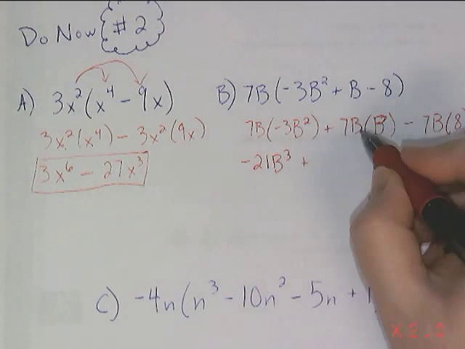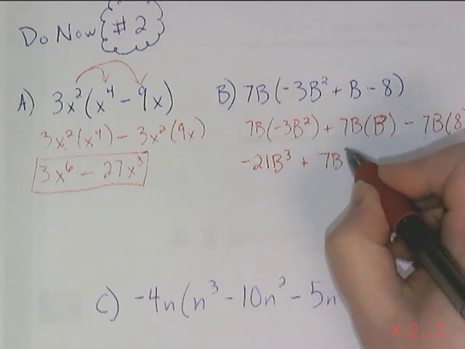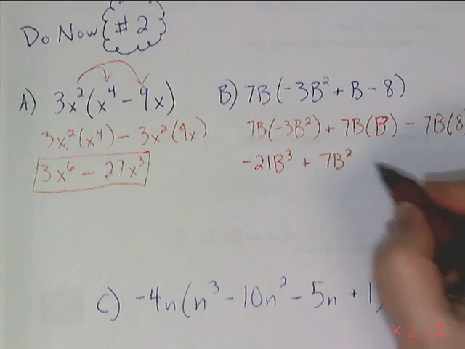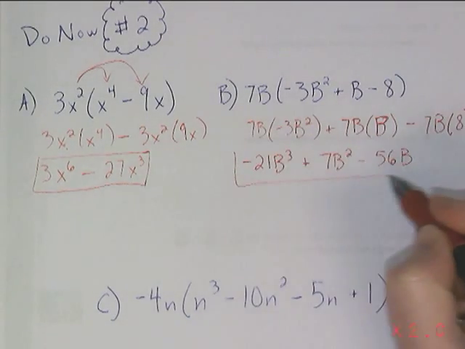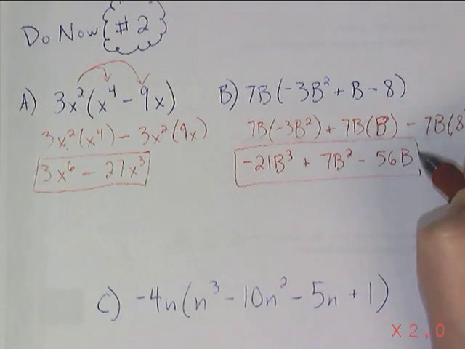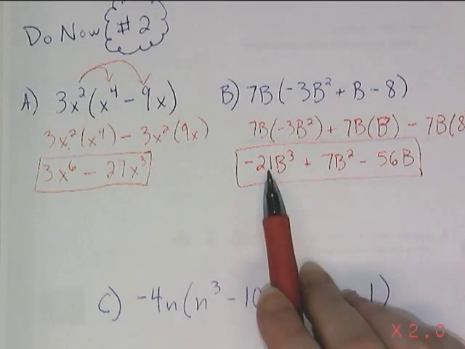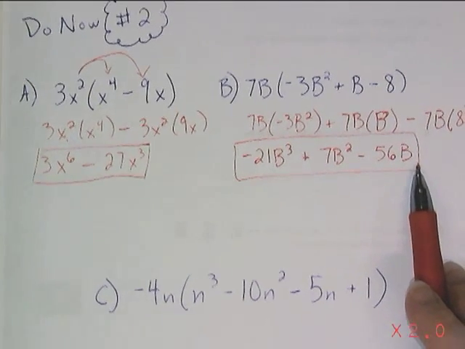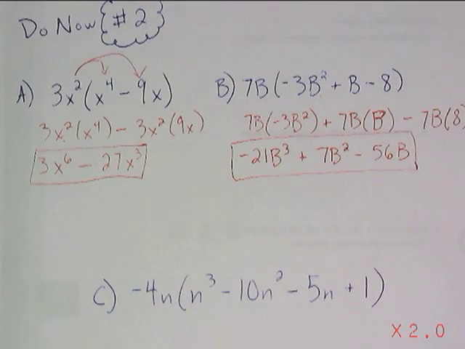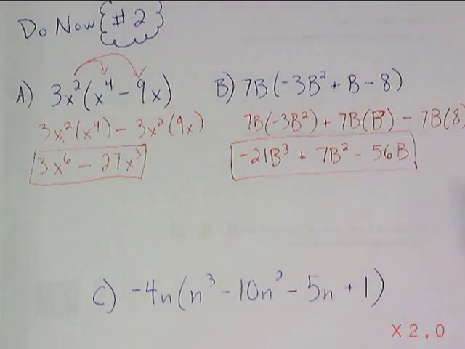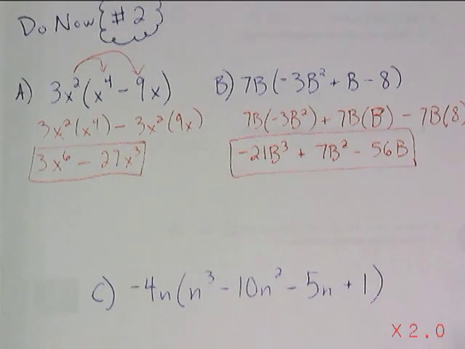This becomes 7b squared, and this becomes 56b. Again, if you do this math and you see two terms that are alike, you need to go back and double check your exponents. Since we did not start off with like terms in the parentheses to begin with, we should not have like terms in our answer in the end.